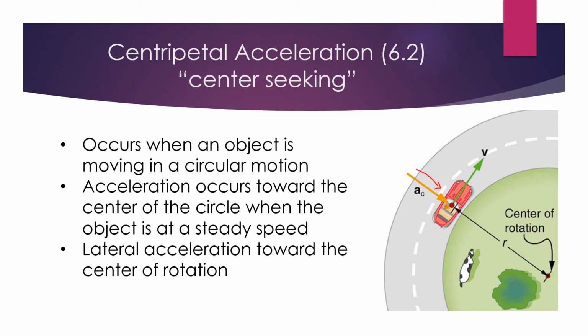That is why it's called centripetal, meaning center seeking, because that acceleration is pointing towards the center of rotation, the center of that circle. So we always have centripetal acceleration anytime we're going around a curve or in a circle, any type of rotational motion.